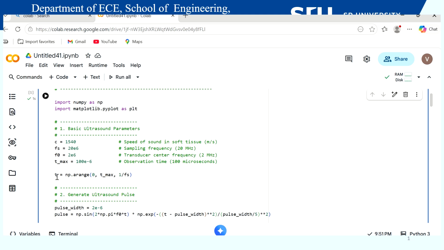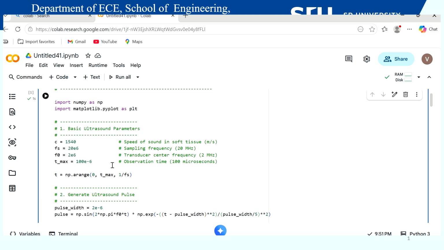This maximum observation time is taken as 100 times 10 to the power minus 6, so 100 microseconds. And how is it divided? Already 1 by fs is, we know, 1 by 20 megahertz. So this 100 microseconds will be divided by this value, so that the second point, third point will be determined.